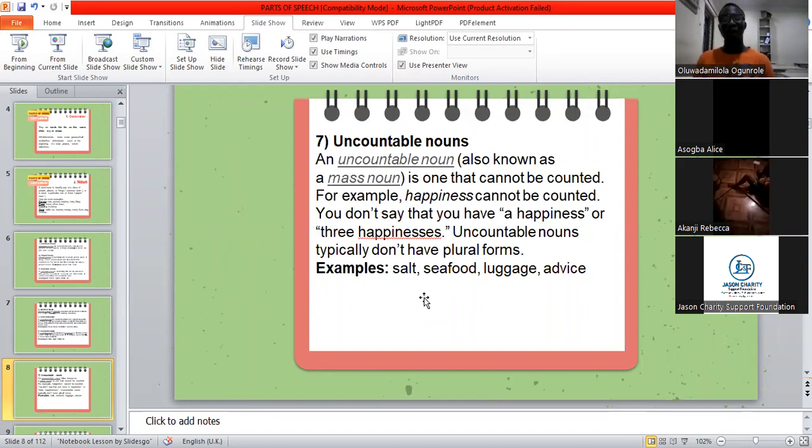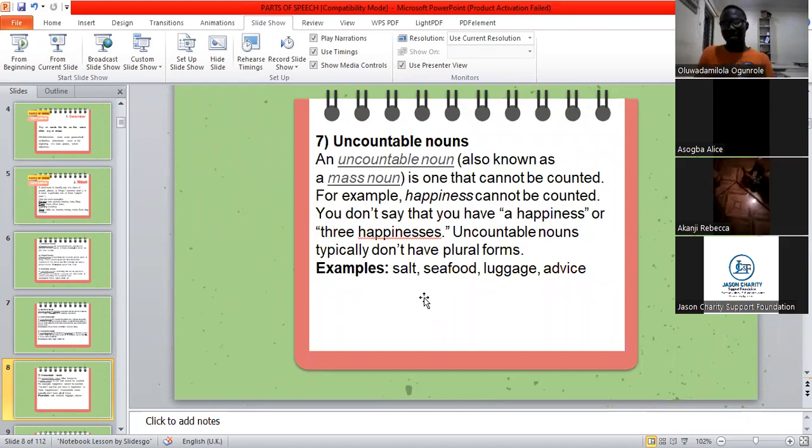So for me now, if I want to quantify salt, I may bring in a quantifier using another type of noun as my quantifier. I could say a spoonful of salt. I can say a cup of salt. I can say a handful of salt.